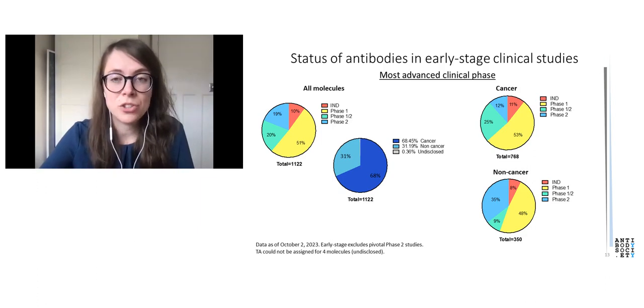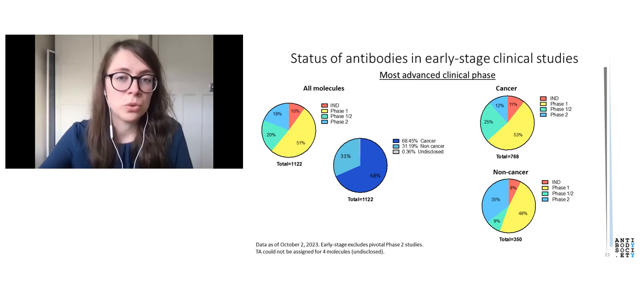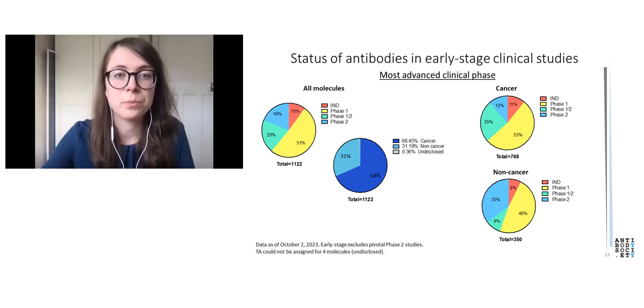And these suggest that molecules for cancer indications are more likely to directly enter phase 1-2 study and assess both safety and efficacy compared to those for non-cancer indications.